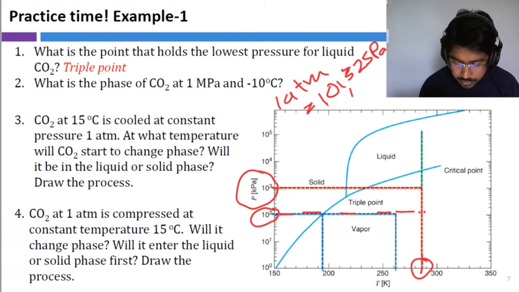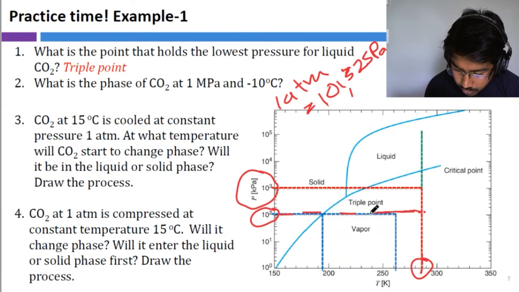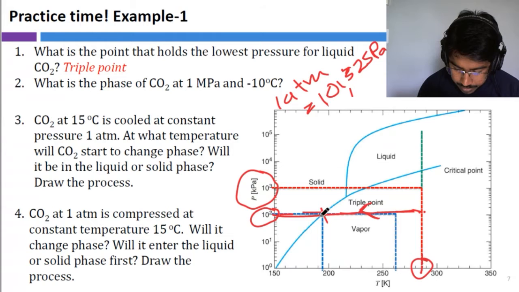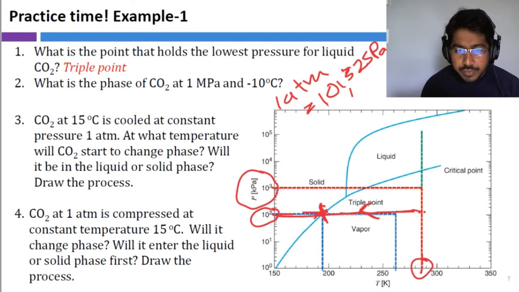If it is cooled, cooling means we are reducing the temperature, therefore we are moving in this direction. It asks if we keep cooling, at what temperature will it start to change phase? So we go until we have an intersection with one of these lines, and after crossing this line, it will change from vapor to solid, right?